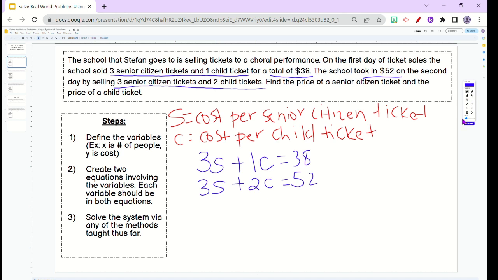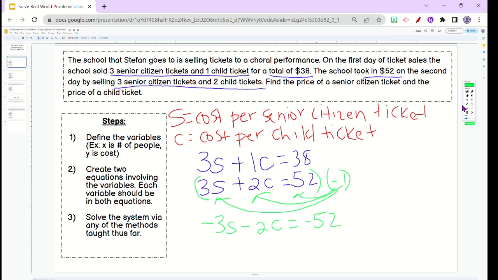So how I'm going to do that is I am just going to multiply one of them. You can pick which one. I'm going to make it be the second one. And I'm going to multiply or distribute. So I have negative 3S, and then I have negative 2C, and then I have is equal to negative 52.